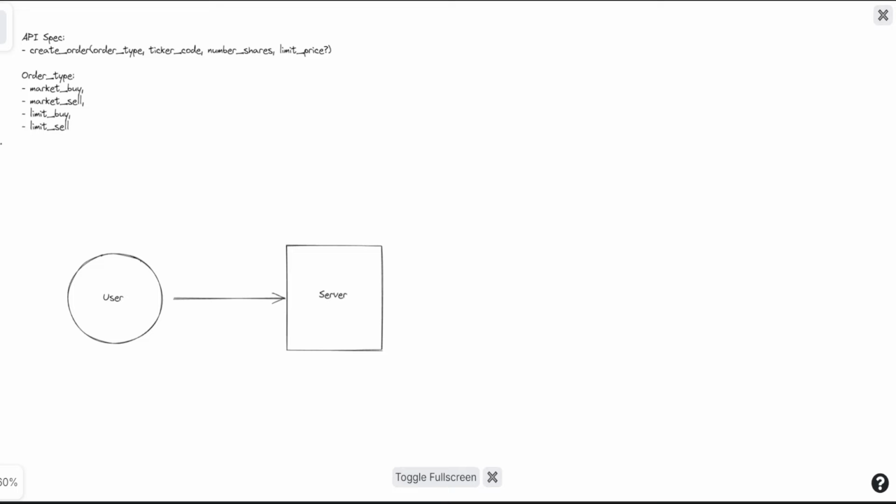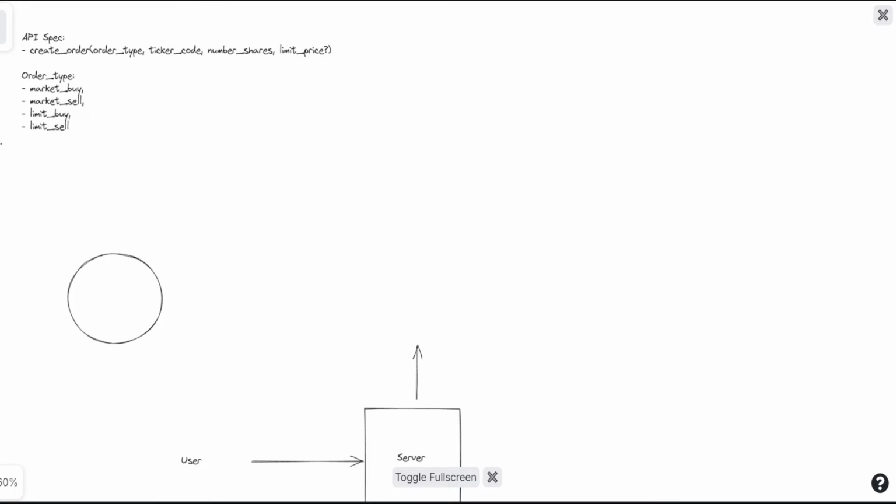The first thing in my mind is that we use some kind of Redis. I know they are pretty good with this kind of financial transaction. Let me put this a bit below so we have more space. Yeah, I think Redis would be a good fit.